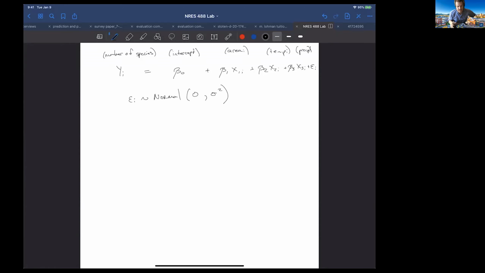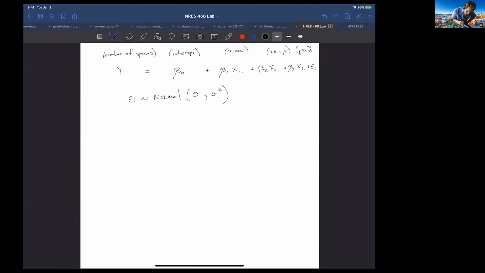There's another way to write this, and you'll often see this in journals like the Journal of Wildlife Management or Ecology. What people do is they take this value and plug it in for x1, just so you know exactly what you're talking about.